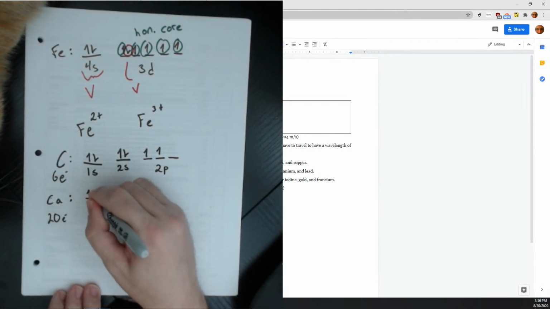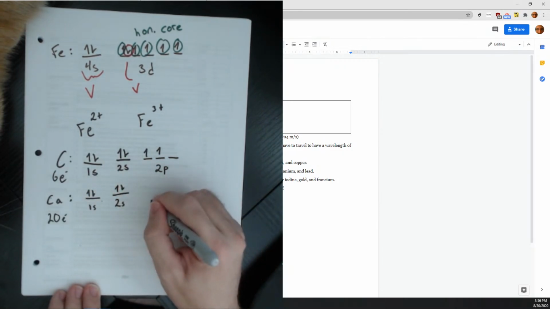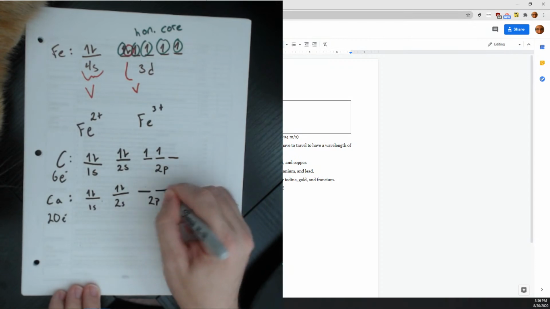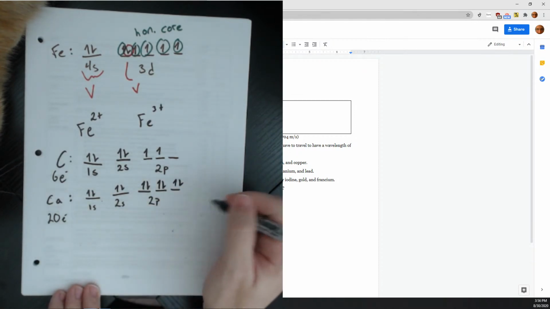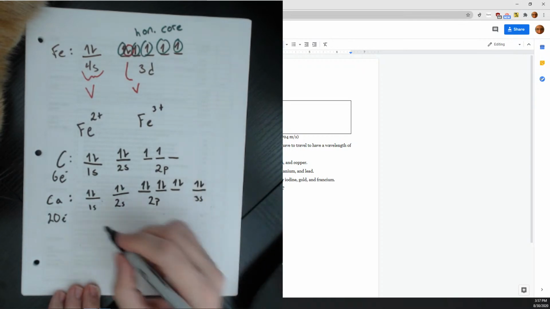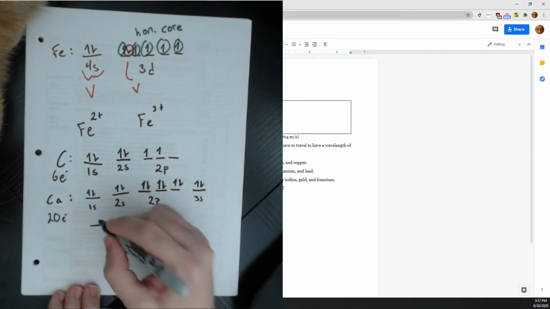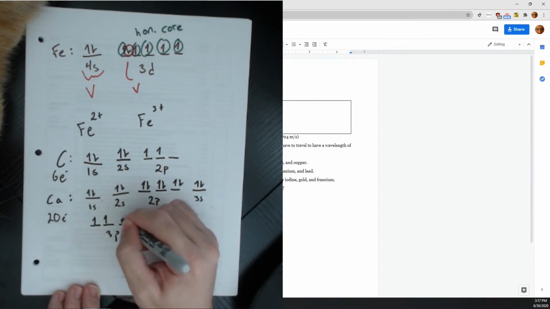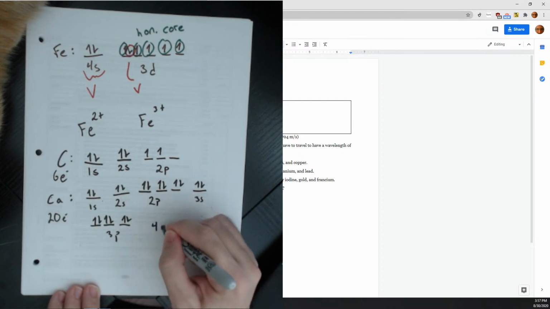1s, 1, 2. 2s, 3, 4. 2p, 5, 6, 7, 8, 9, 10. 3s, 11, 12. 3p, 13, 14, 15, 16, 17, 18. 4s, 19, 20.